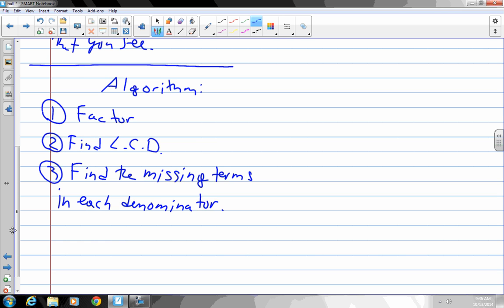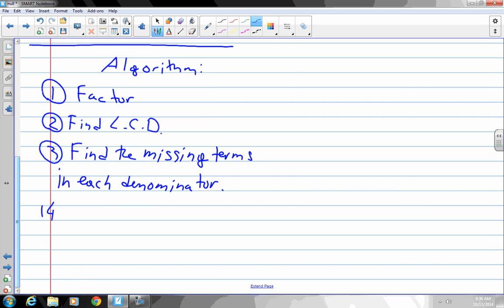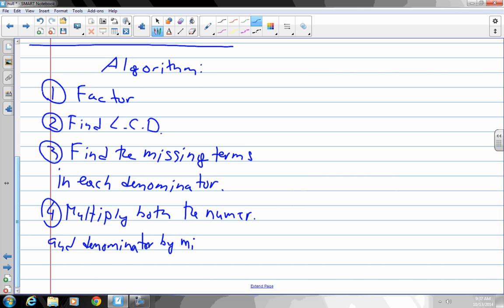So compare your original denominator to the LCD and see what is missing, just like you do with numerical fractions. And fourth step, multiply both numerator and denominator by missing terms.